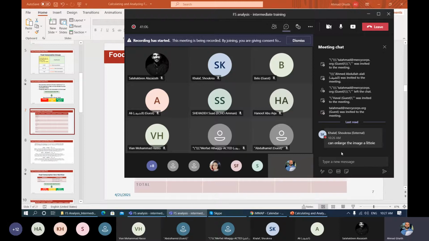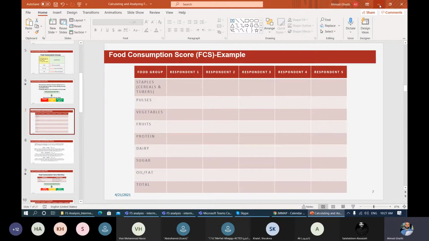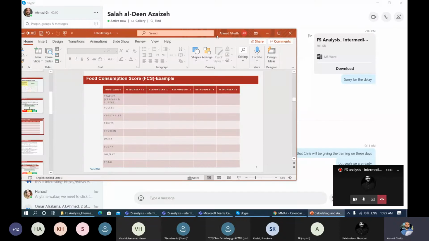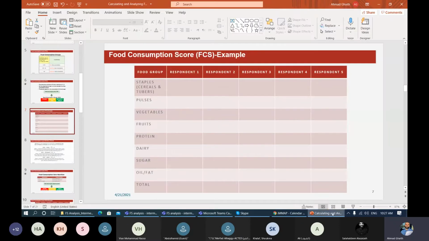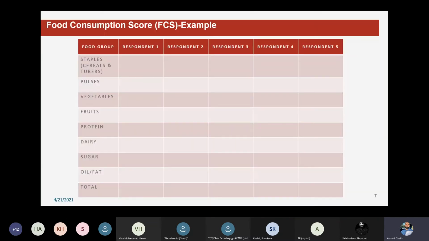Can you enlarge the image a little? Okay. Is it better now? It's going to be seen like that. Let me get in here. I think I can go and see.